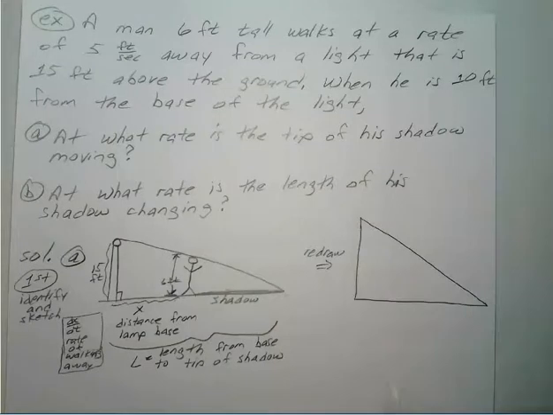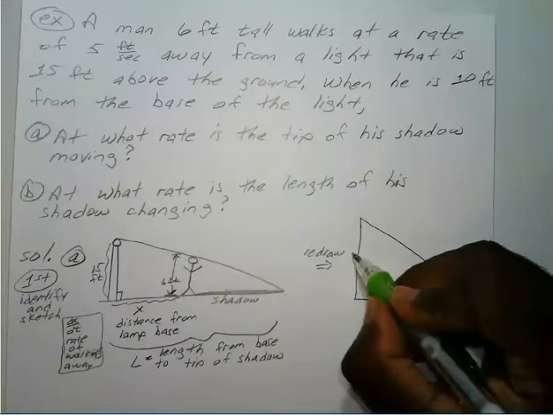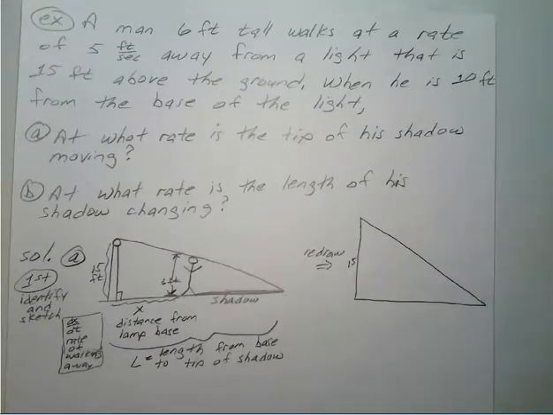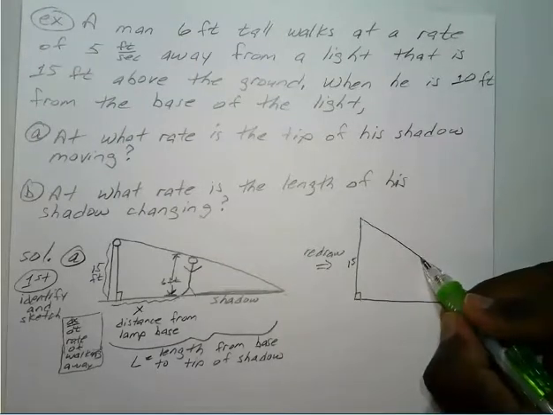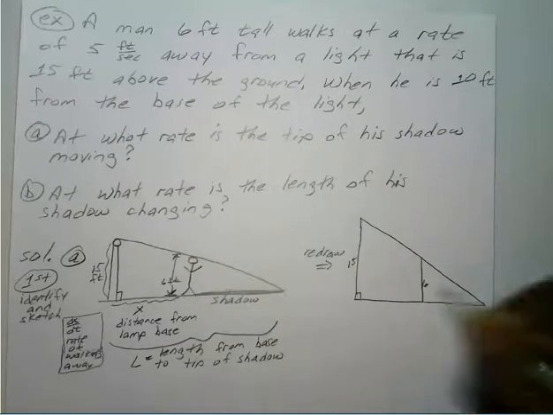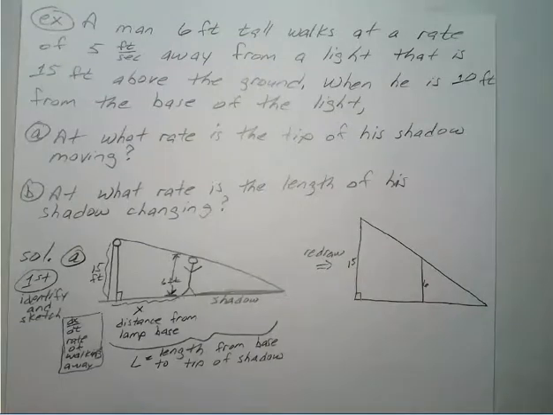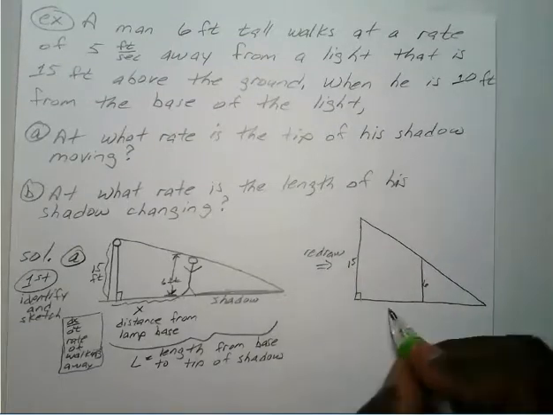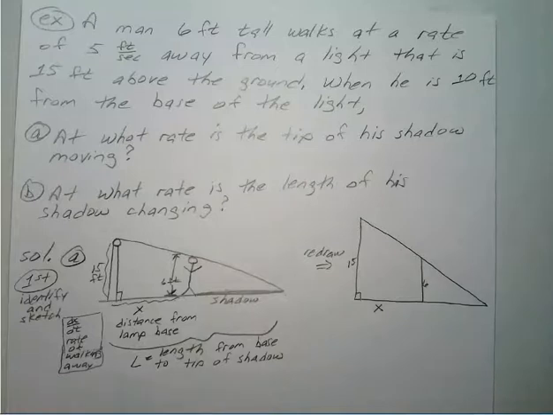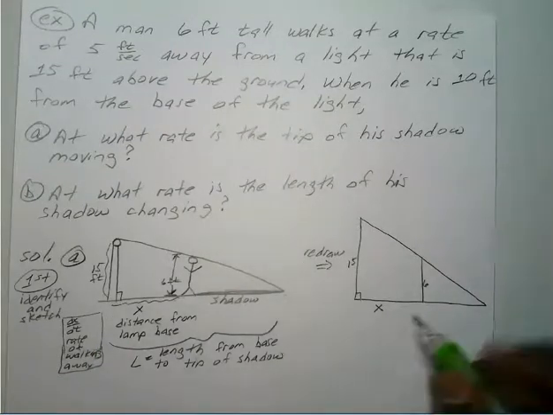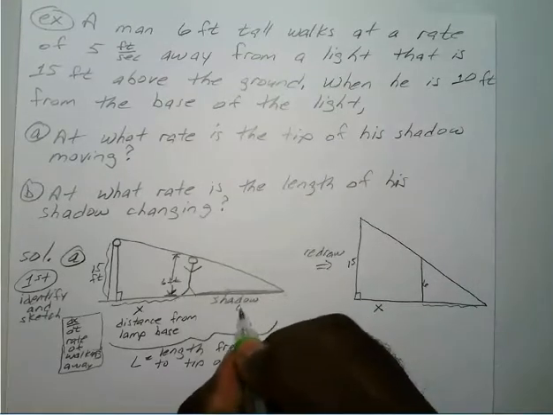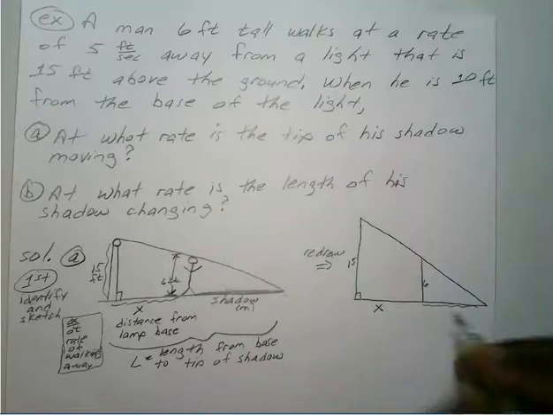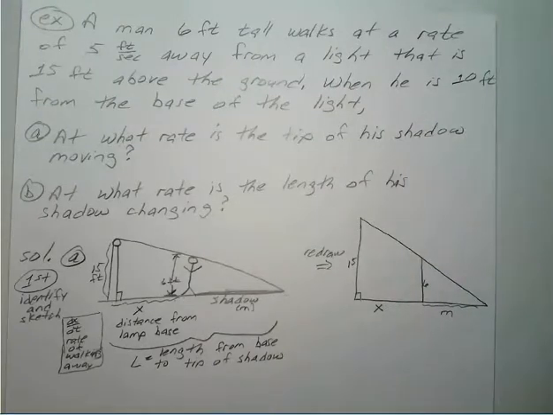All right, so if we redraw it, again, this is the 15-foot lamp. This is the 6-foot tall man. This is the distance from the lamp, the base of the lamp. The length of his shadow, we'll call that M. It could be any variable you want.